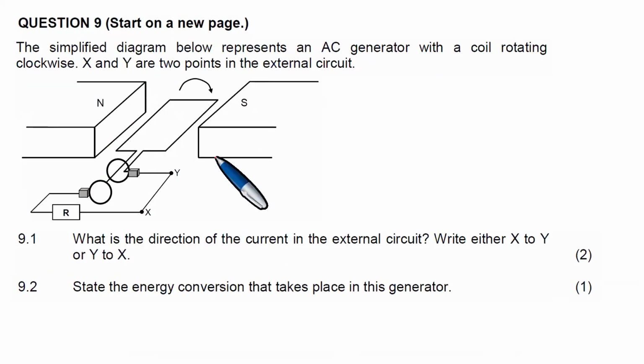Right, question 9. This question must be started on a new page as usual. The simplified diagram below represents an AC generator with a coil rotating clockwise. X and Y are 2 points in the external circuit.